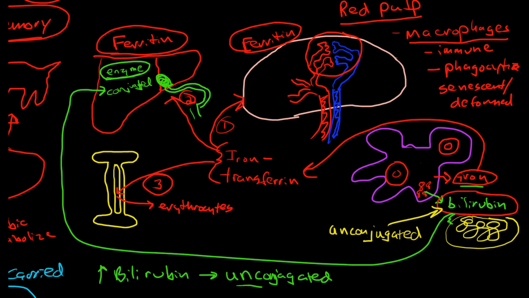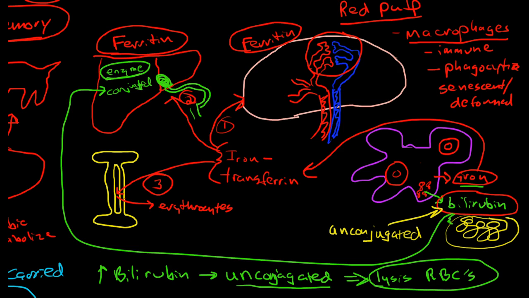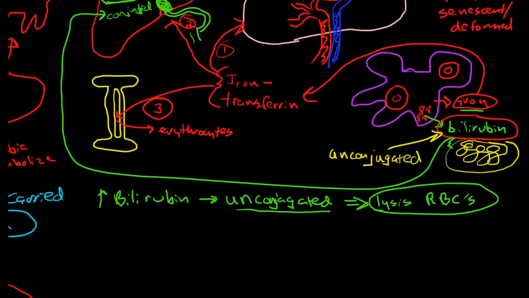So if it's an unconjugated hyperbilirubinemia, that would be due to increased lysis of red blood cells. The most common cause would be bleeding, like a GI bleed, because you've got red blood cells that are entering the GI tract and getting broken down, and then the products of those red blood cells are getting reabsorbed.